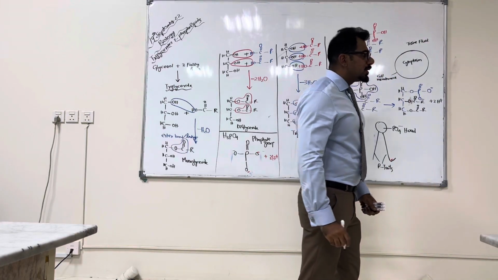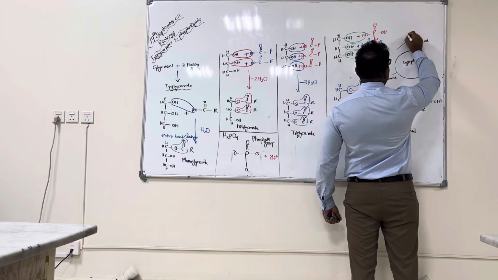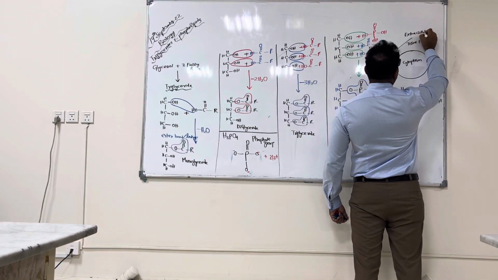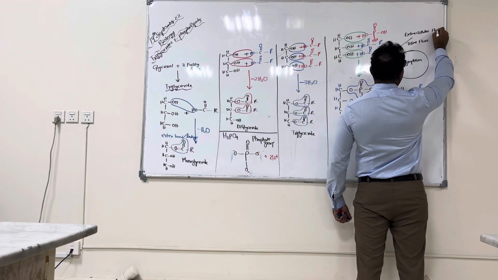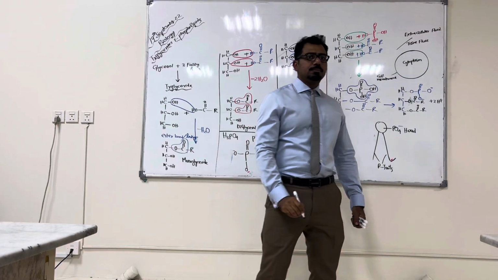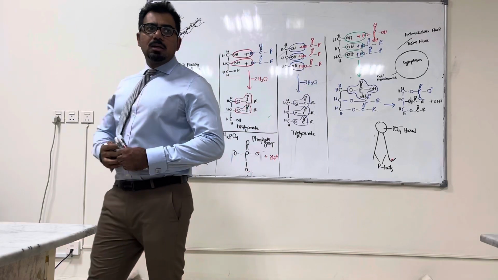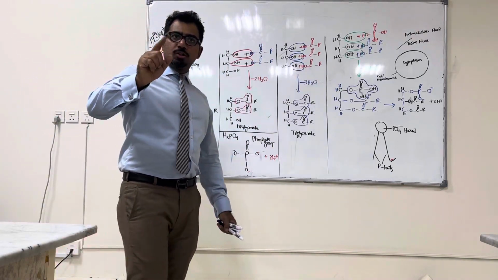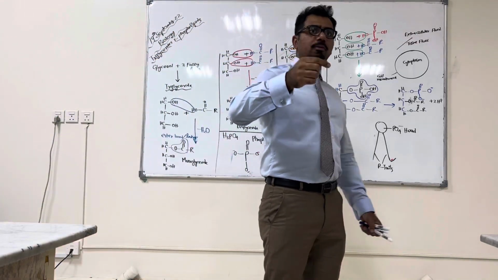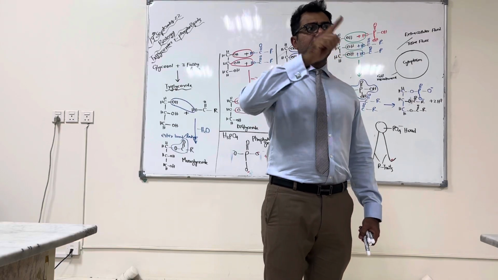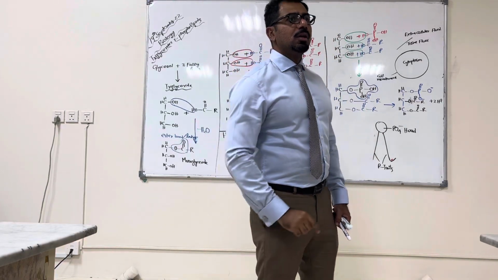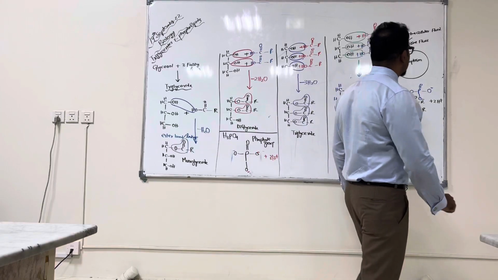Sometimes this tissue fluid is also referred to as extracellular fluid. We have learned about the tissue fluid in grade 10. We will learn again inshallah about the tissue fluid in chapter number 6, I think, in the circulatory system chapter.